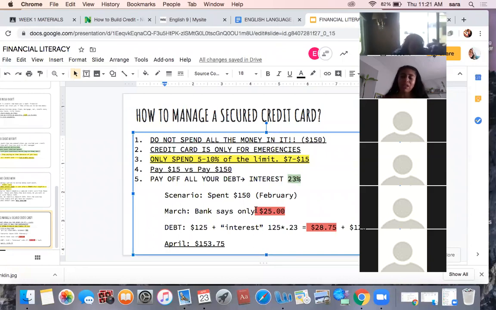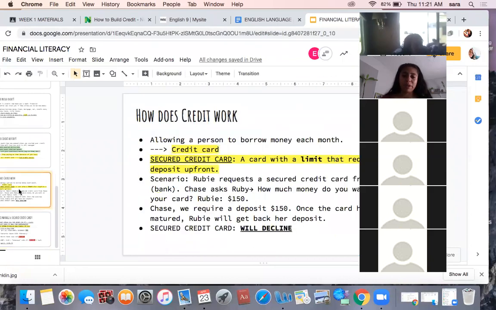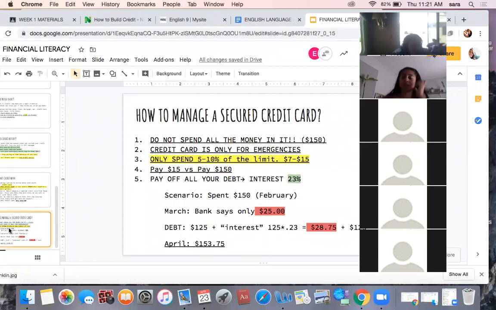Okay, so let me recap. I'm gonna go back. I know you're still copying some of these things, but let me recap. Credit is that trustworthiness between you and your bank, right? If you've ever borrowed money, you started credit, in any way, form, or shape, from a bank, not from a person. That doesn't let you build a score.